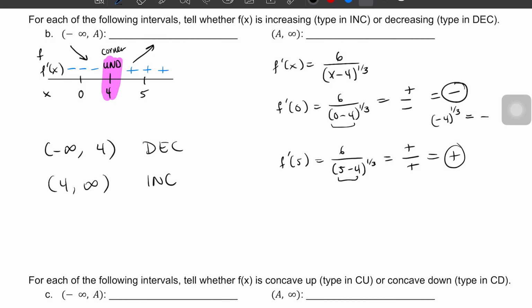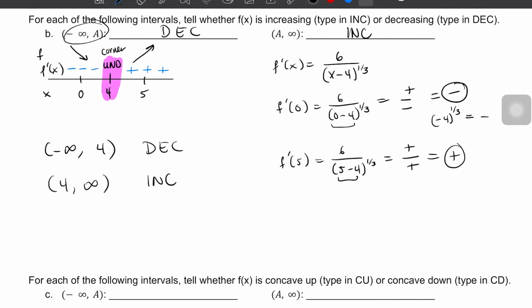Okay, so according to this it will be decreasing. Oopsie, I wrote it in the wrong place, it's up here, right? So from negative infinity to positive 4, that would be decreasing. And from 4 to infinity, this will be increasing. And there you go, we found that.